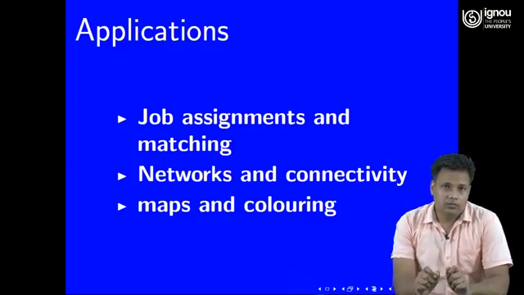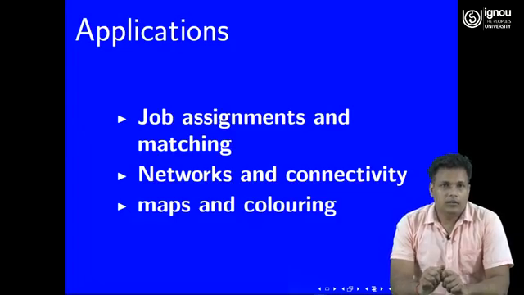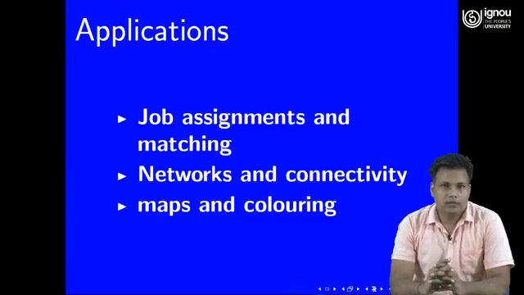When you color all the states in this way, you will find that you do not need more than 4 colors, and this is called the 4 color theorem, which was solved just a few years back.